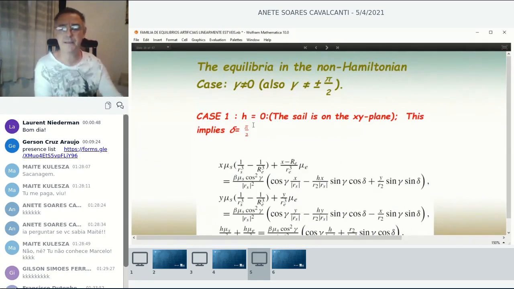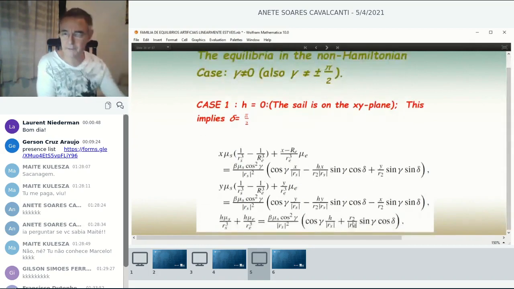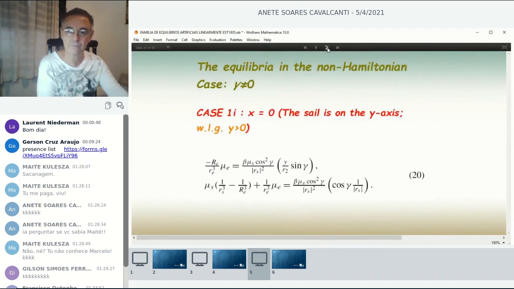So the first case is h equal to 0, meaning that the sail is in the ecliptic plane, the plane of movement. And from the equations of movement, we can see down here, if you look at the third equation and h equals 0, this implies, since gamma is not 0 anymore, that delta must be pi over 2, okay?